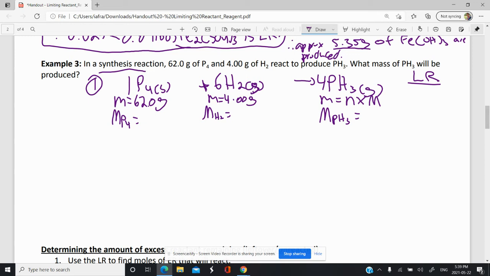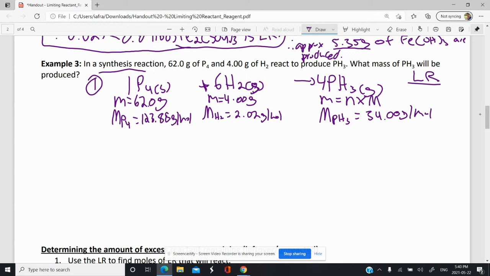So for phosphorus 4, it's 30.97 times 4, and we get 123.88 grams per mole. And then for the H2, it's 2.02 grams per mole. And then for the PH3, it's going to be 30.97 plus 3.03. And we get 34.00 grams per mole.